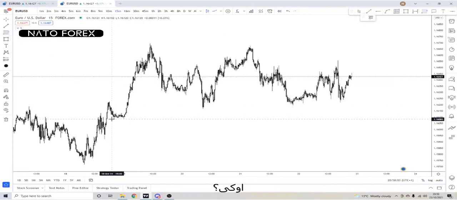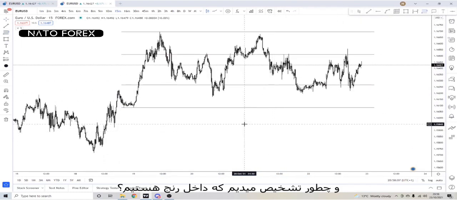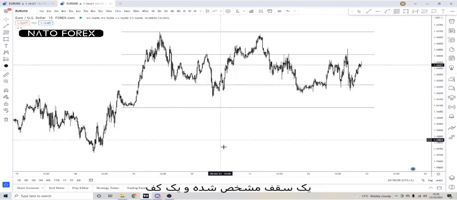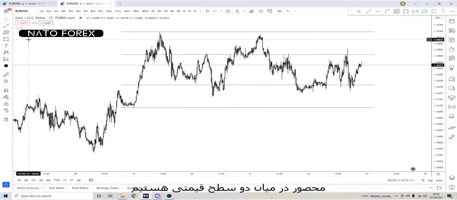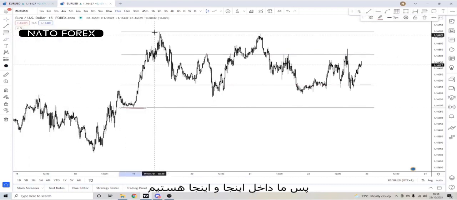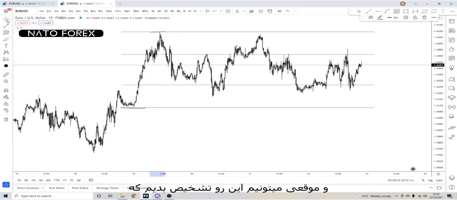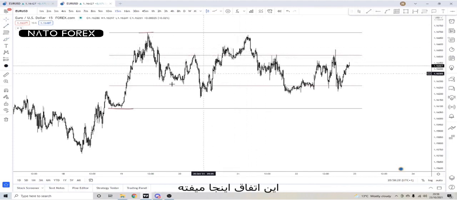Okay, and how do we identify that we are in a range? Well, a high is taken, a low is taken, and then we are contained within two prices, two levels, a high and a low. So we are now contained between here and here, and the only time when we actually can identify that is when this happens over here.